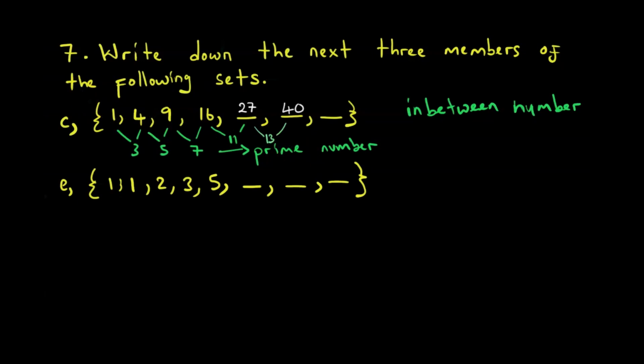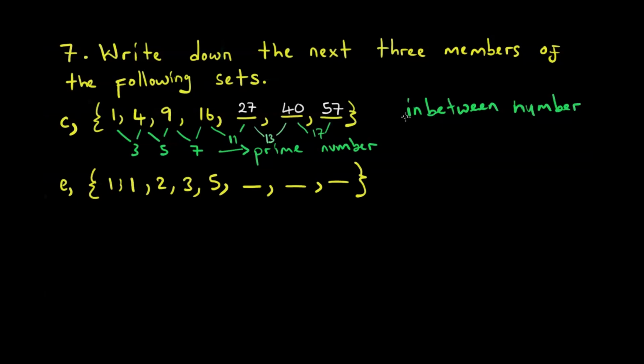What is our next prime number? It is not 14 because of 7, not 15 because of 3, not 16 because of 4, so it is 17. Then 40 plus 17 gives us 57. So the numbers which are required are 27, 40, and 57.